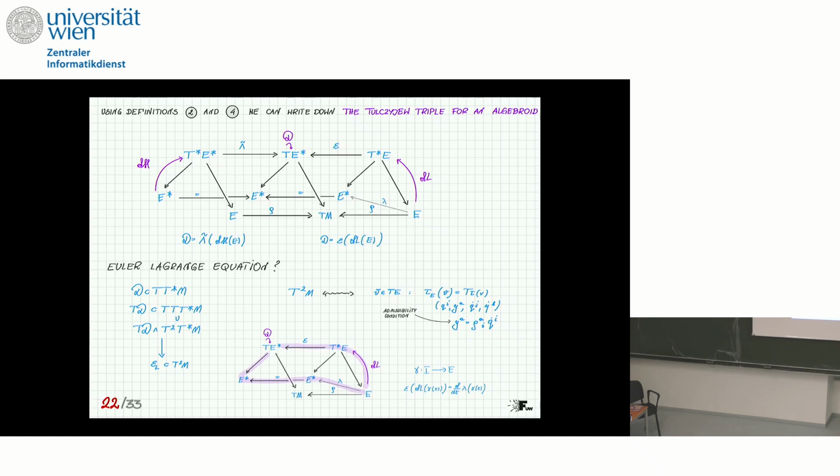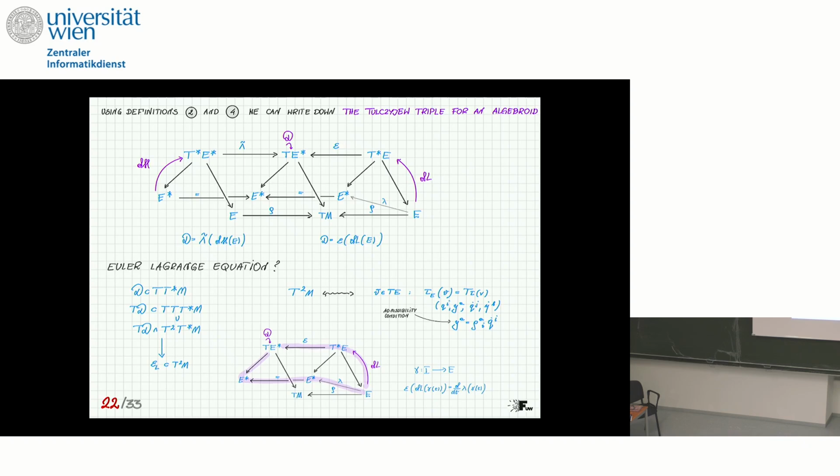But this is something you cannot repeat in the algebroid setting, because your solutions are either curves in E star, which are phase curves, or, if you want curves corresponding to the curves in the positions, they should be curves really in E, satisfying some admissibility conditions related to the anchor.